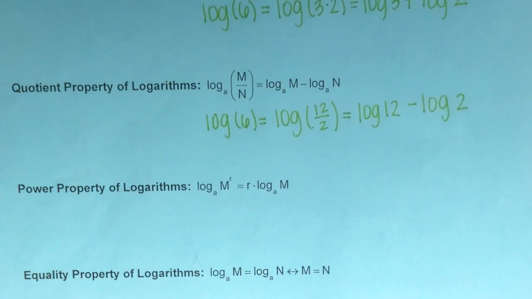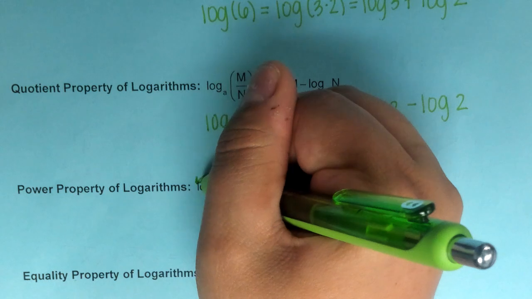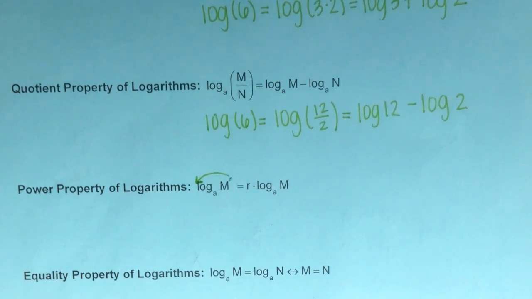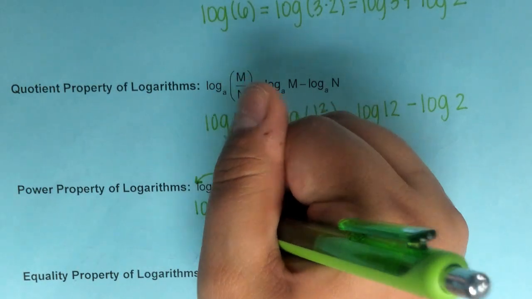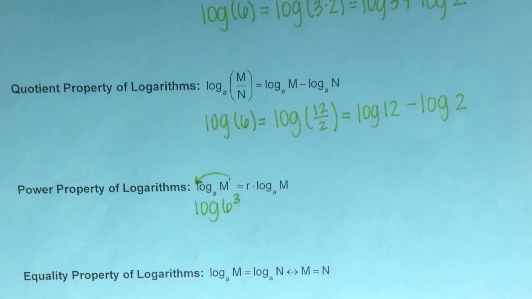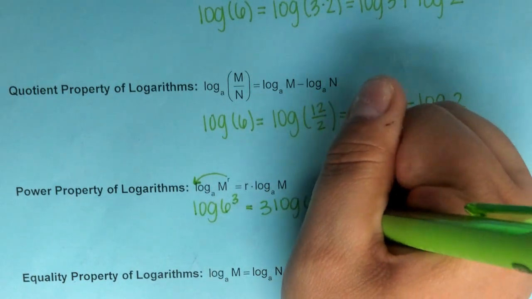The power property of logs. If you have a log base m raised to the r, what can you do with that exponent? Move it to the front. That exponent can go out to the front. So if I have the common log of 6 to the third power, how can I rewrite that? 3 times the common log of 6.